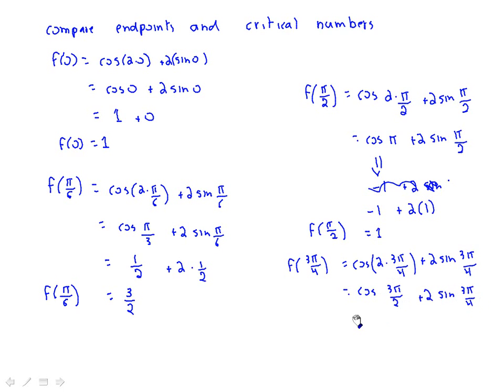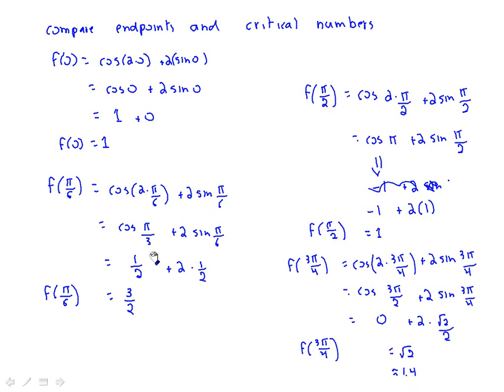Now cos of 3 pi over 2 is 0, plus 2 times, well, 3 pi over 4, it's quadrant 2, it's positive, so it's root 2 over 2, and that is actually equal to then square root 2. And now all we have to do is compare. Now root 2 is about 1.4.